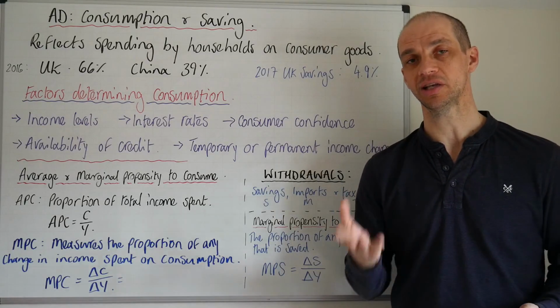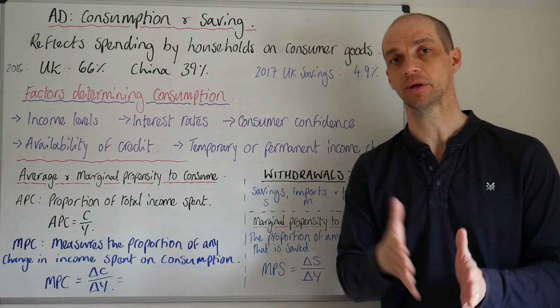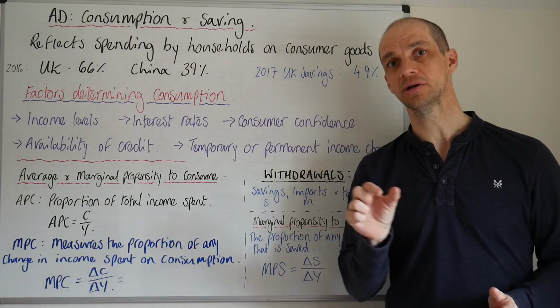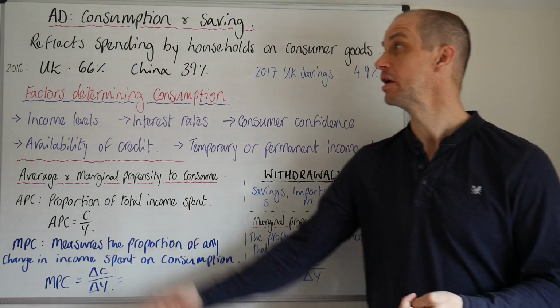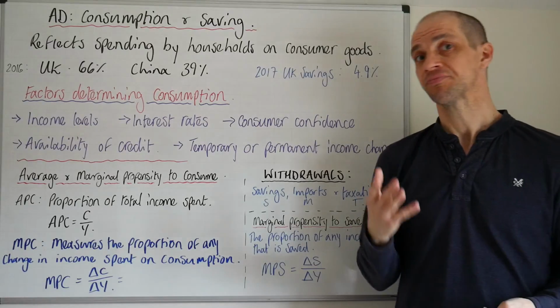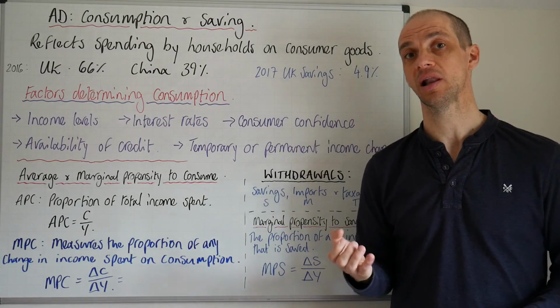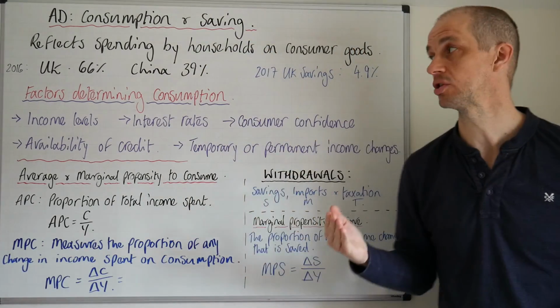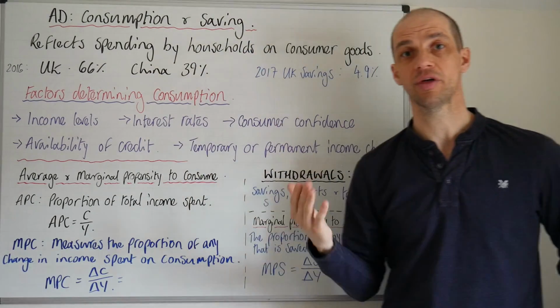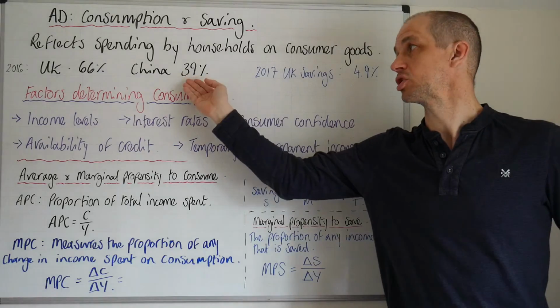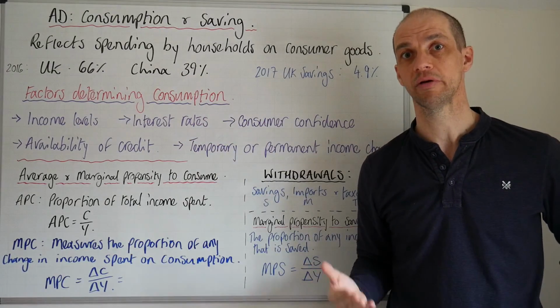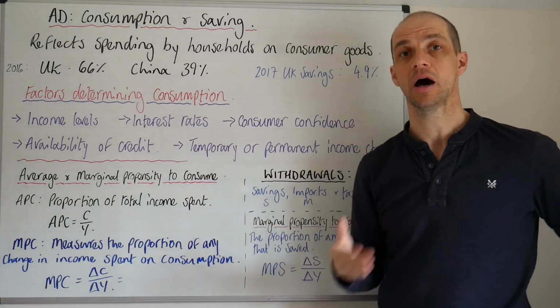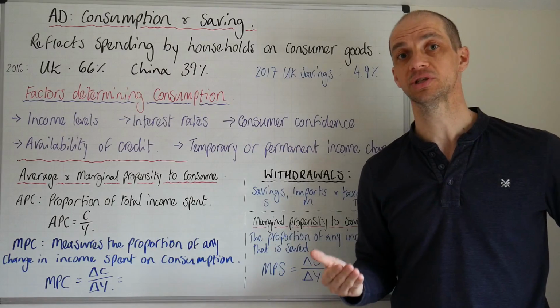So it's absolutely vital in terms of the economic growth of the UK, but that does also have its downsides, particularly as people do get concerned about the level of debt that households do take on to undertake such consumption. Compare that with the Chinese economy, much lower contribution to overall GDP growth there, at 39%.